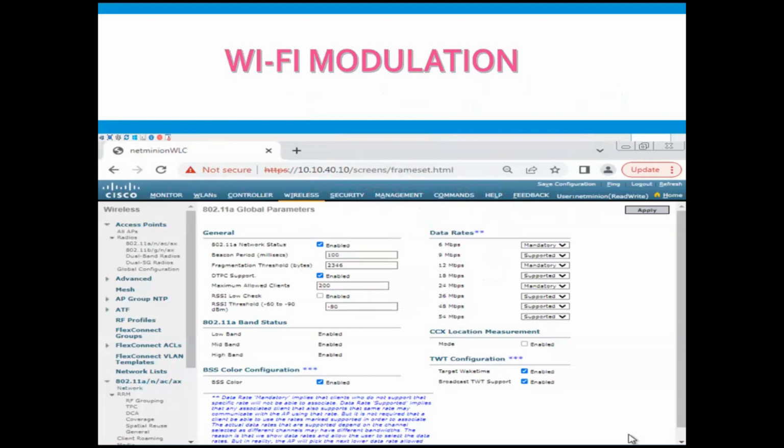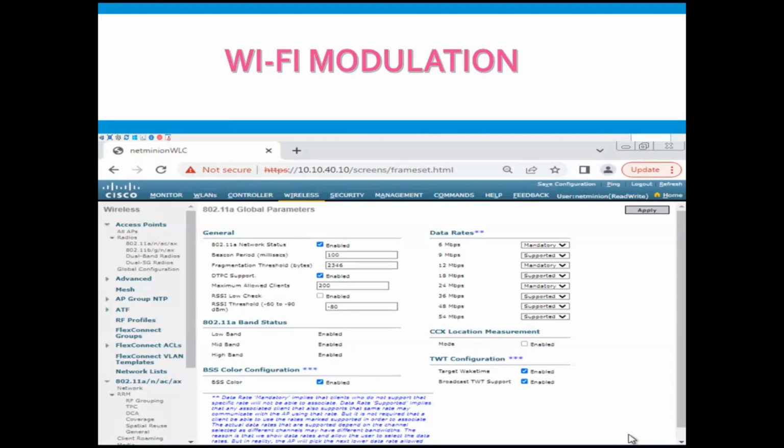Modulation means to change, or to apply some algorithms for modifying your poor signal to higher rates, like modifying its amplitude, frequency, or phase, or different parameters. So it will change the data transfer rate, is it?